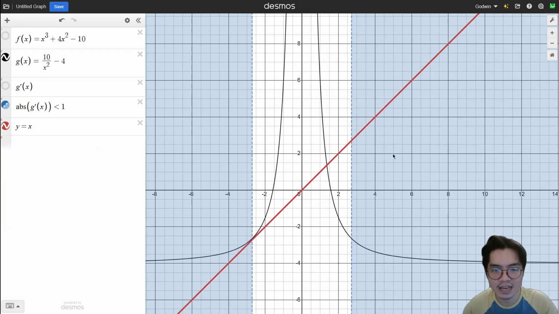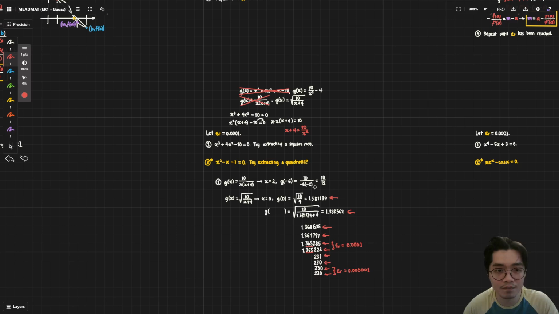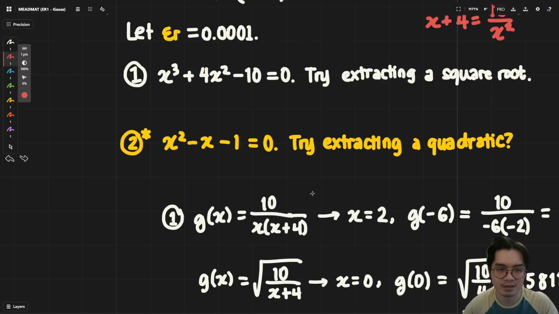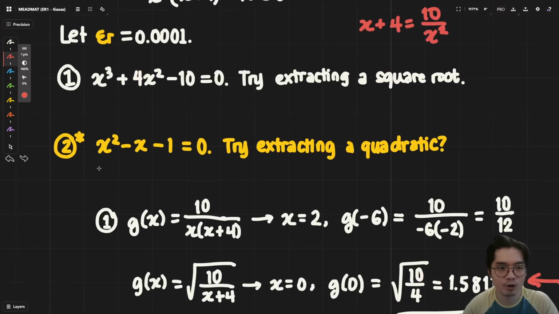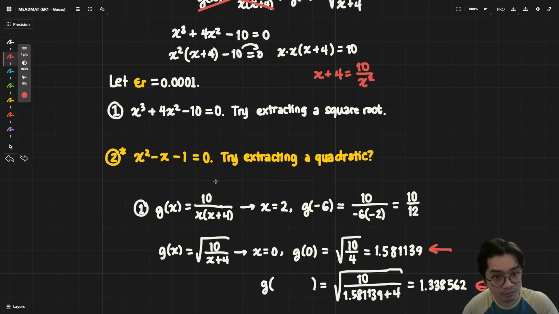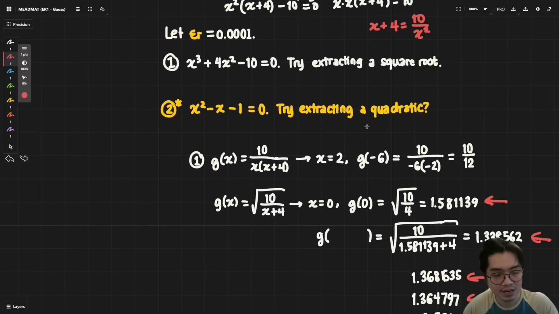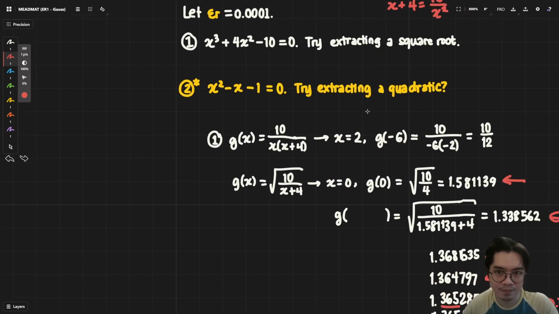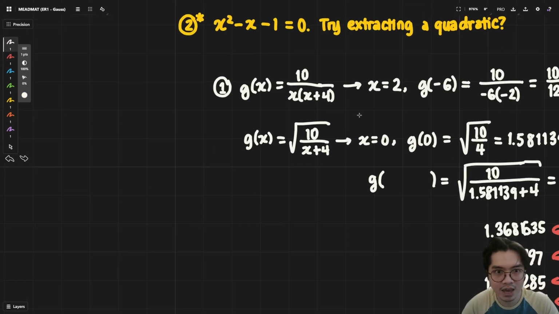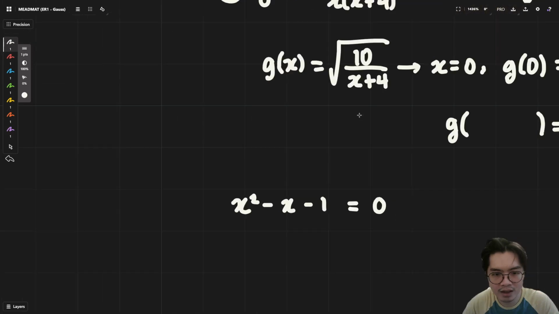Okay. So that is our fixed point method, fixed point iteration. What if we have something like this, number 2? It's simple, right? I understand it's simple because it's a quadratic. The thing is, here you can very well just use the quadratic formula. X squared minus x minus 1 is equal to 0. You will have a equals 1, b equals -1, and c equals -1.